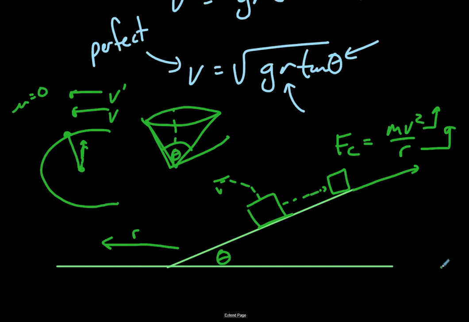You often see that with motorcycles riding around inside a cone. The other way to think about this too is that this object tends to want to go straight into the page, right? What is making it turn is this slope angle. So if it's going faster, you're fighting harder to cause it to accelerate towards the center, right? Anyway, we'll just leave it at that.